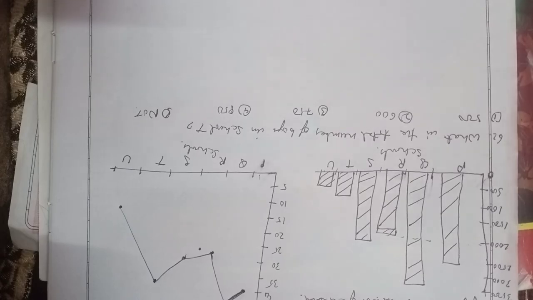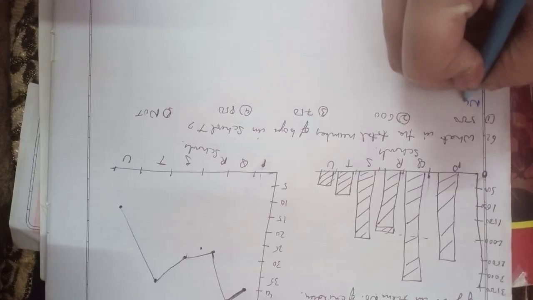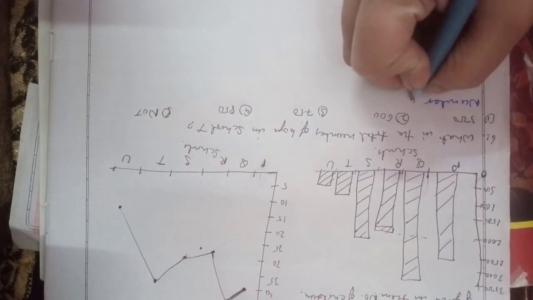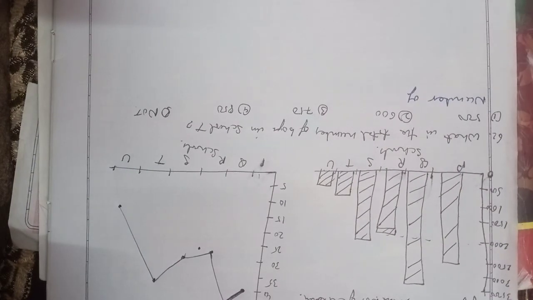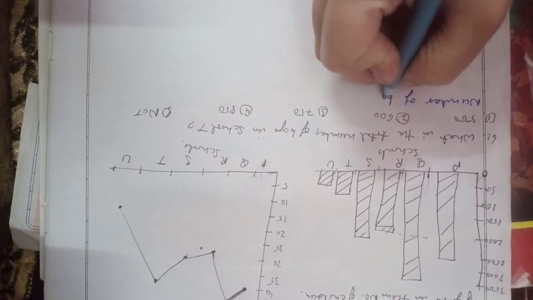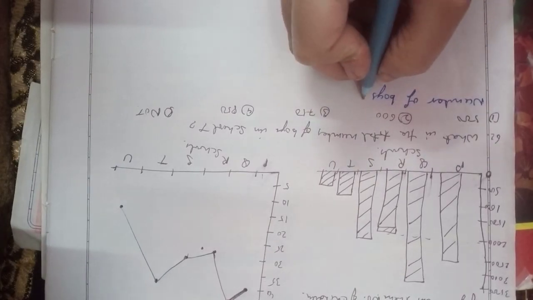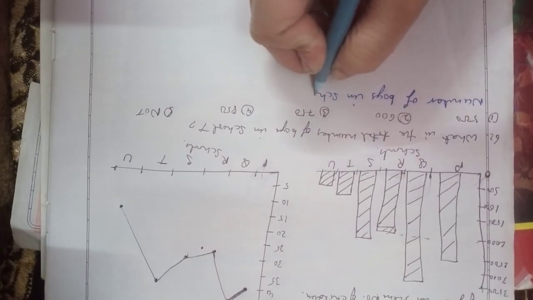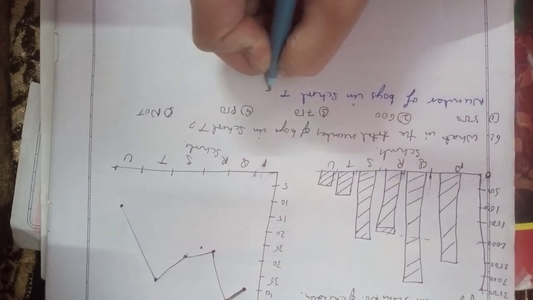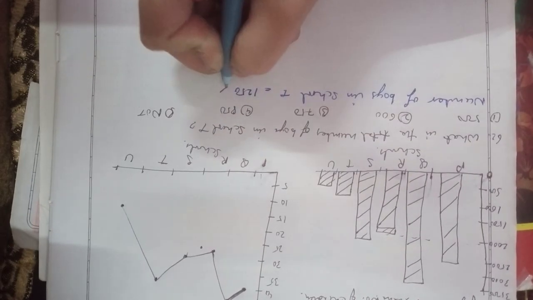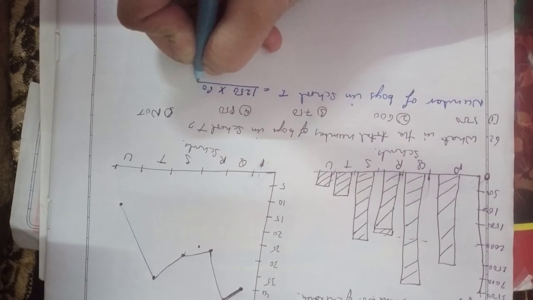And here we go. Number of boys. If you know the solution, you can just go ahead with your own, and if you are not able to, I will just provide you the same. Number of boys in school T was 1250 into 60 upon 100.